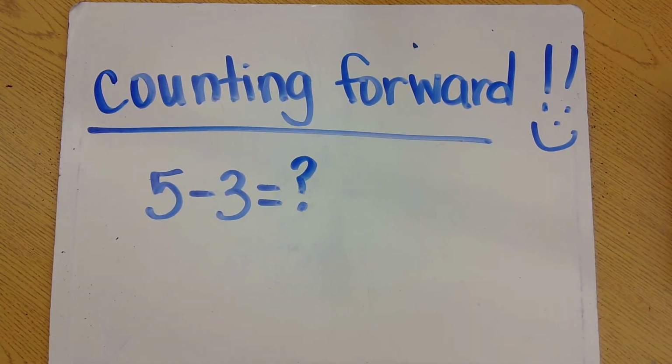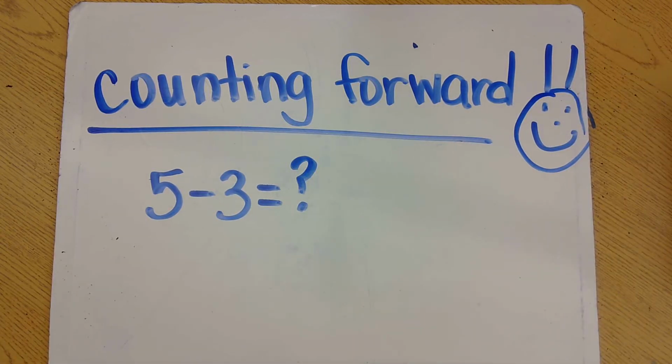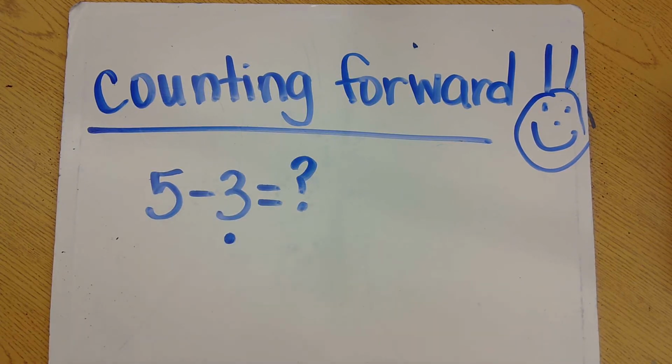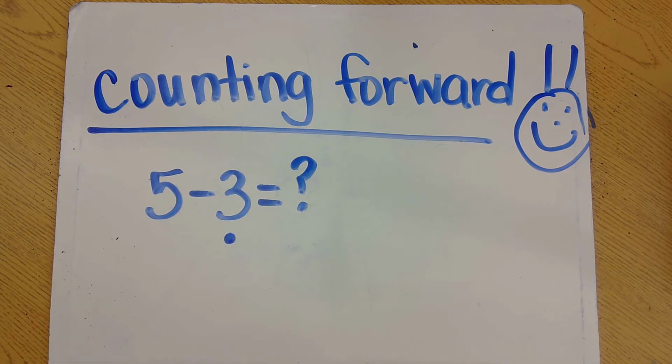The next strategy is probably one of the second grade teachers' favorite subtracting strategies. We love this one, so I put a big smile. All right, so this is called the counting forward subtracting strategy. I put an example here. If we have 5 minus 3, instead of counting back, this time we're going to start at the smaller number and we are going to count up until we get to the bigger number.